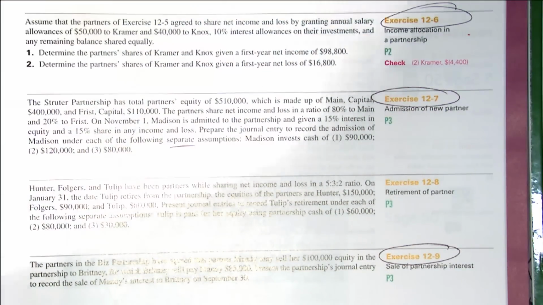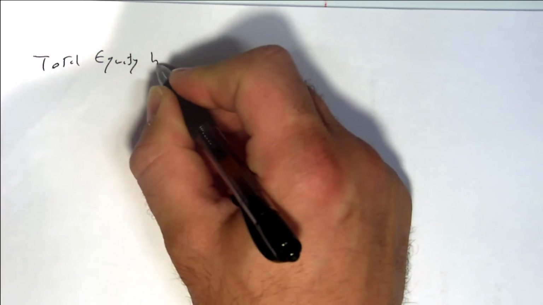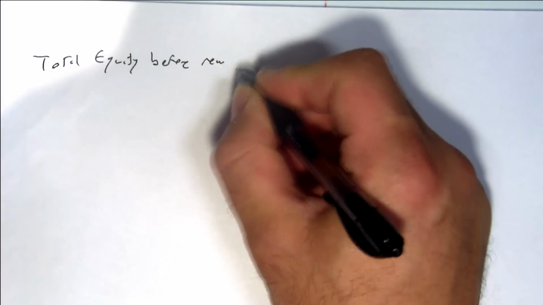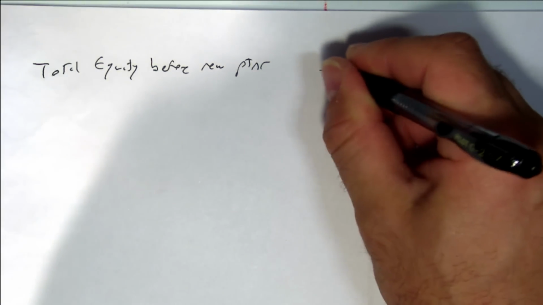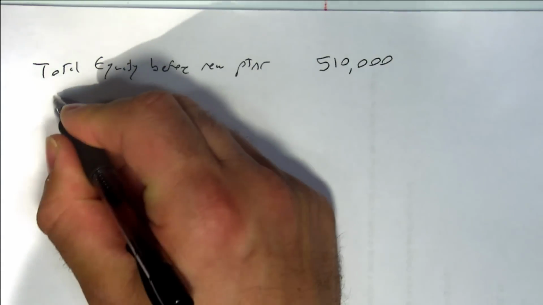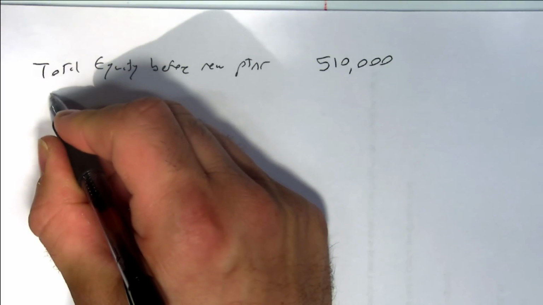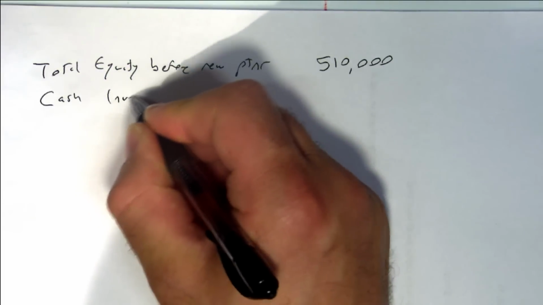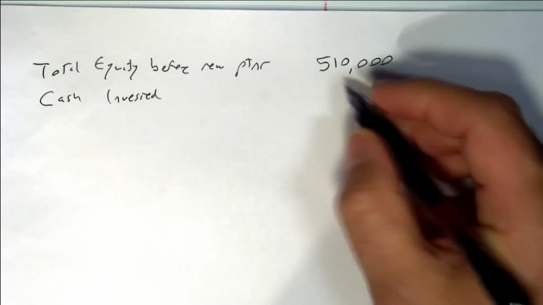Okay. Well, let's go ahead and do this. What is the total equity before the new partner? What is it? 510,000. No, 500. 510. Thank you. In the first situation, we have cash invested of how much? 90,000.